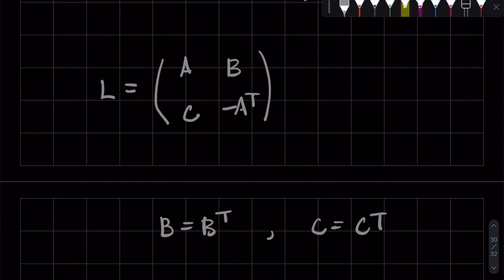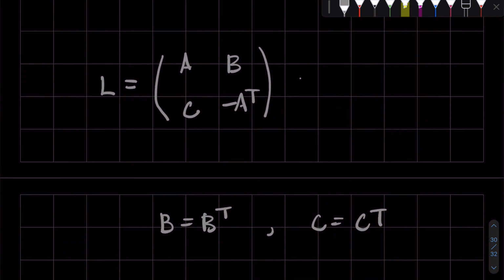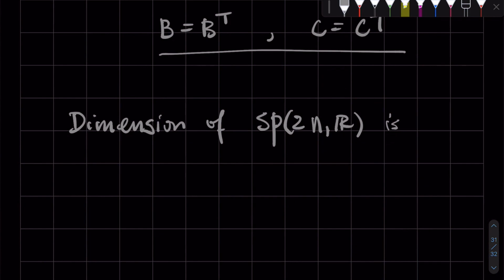Now you can show the dimension, and I leave it as an exercise, from these relationships, that the dimension of Sp(2n,R) is 2n squared plus n.